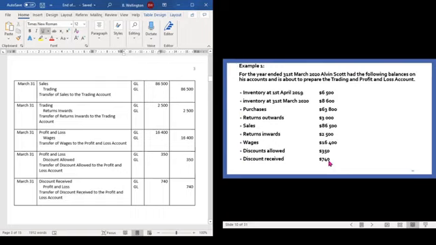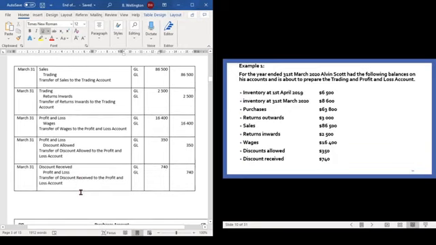So in order to transfer the amount from the discount received, you're going to debit the discount received account. Here it is, debit the discount received account and credit the profit and loss account with the $740. And the narration will say transfer of discount received to profit and loss account.